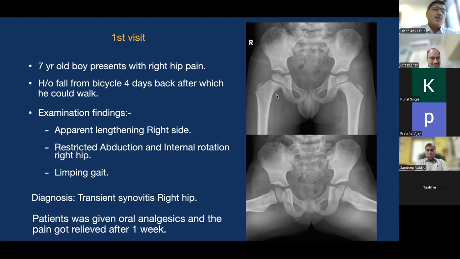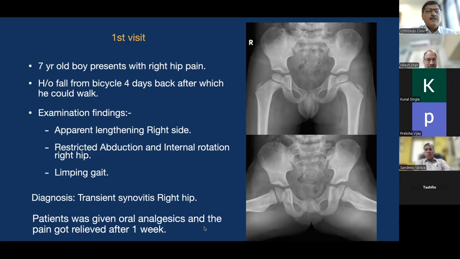He said yes, he walked, and from the next day he had this problem. So we try to make sure it is not due to trauma, although the family would always think that. This was a typical presentation of transient synovitis.